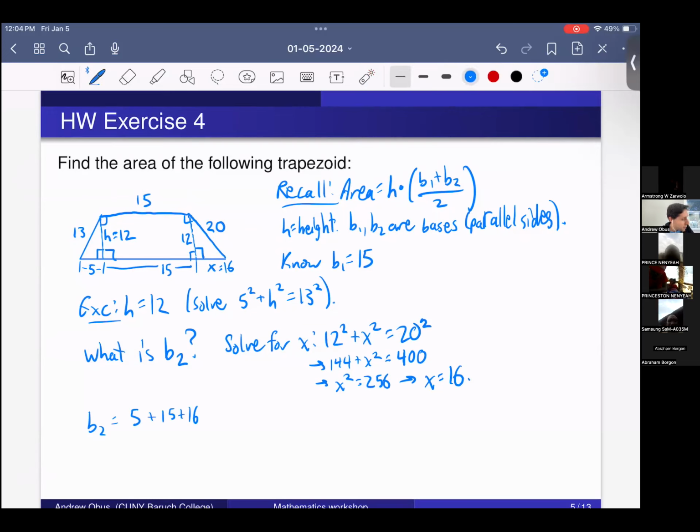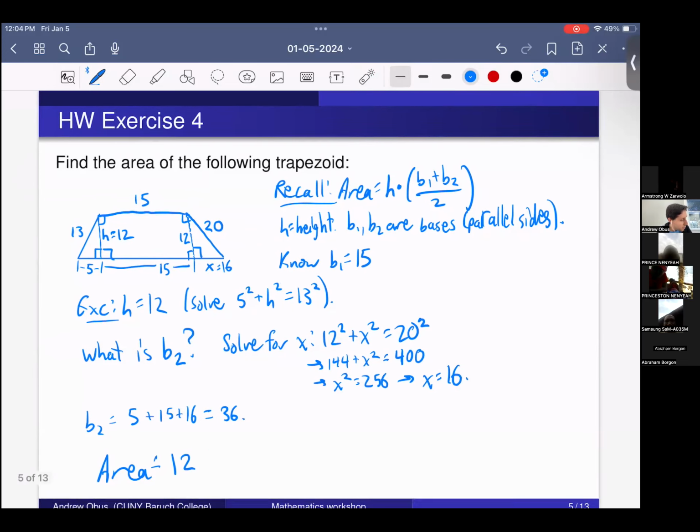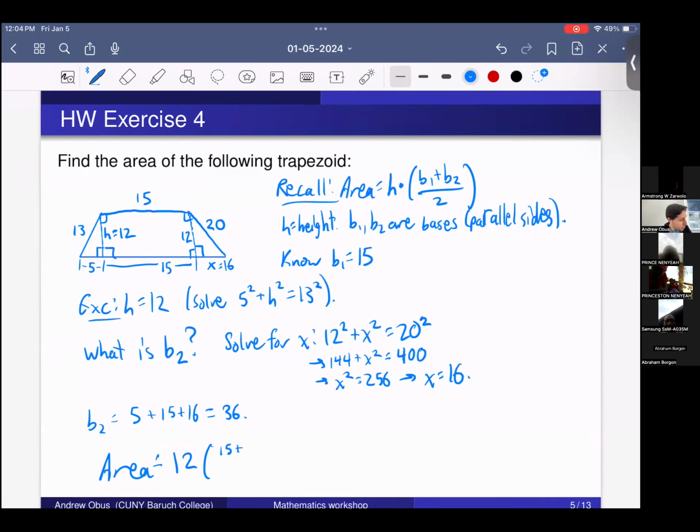So the base is 5 plus 15 plus 16, which is 36. And so the area is 12 times (15 plus 36) divided by 2, which is 6 times (15 plus 36). And this comes out to be 306.